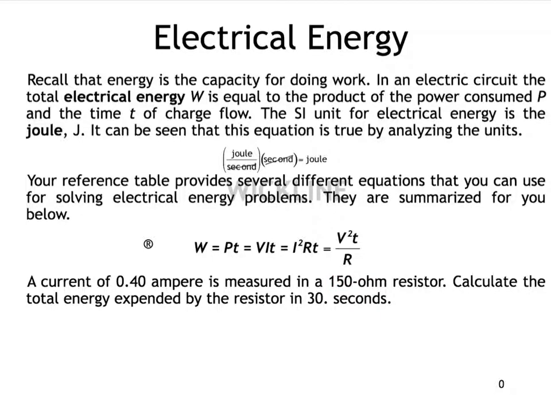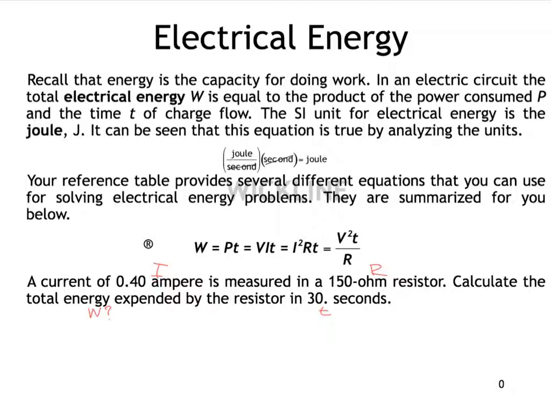A current of 0.40 amps is measured in a 150 ohm resistor. Calculate the total energy expended by the resistor in 30 seconds. Let me label the things I know. I have an I, which is current, and an R for resistance. They're asking me for energy, which is W, and I also have a t, which is time.